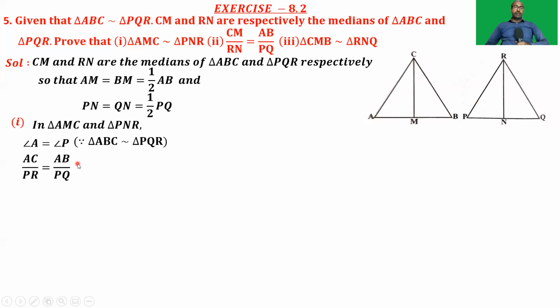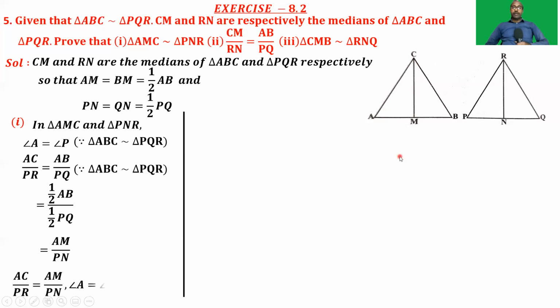So now multiply both numerator and denominator of the second fraction by 1 by 2. That is, half AB by half PQ. And we have half AB is AM and half PQ is PN. That is, we got AC by PR is equal to AM by PN.